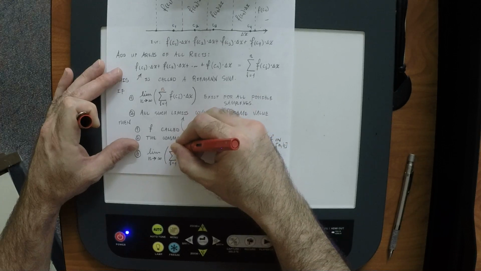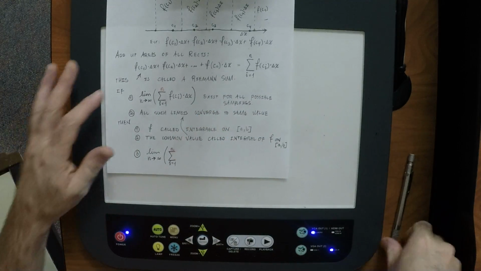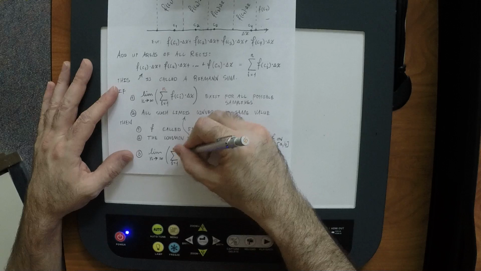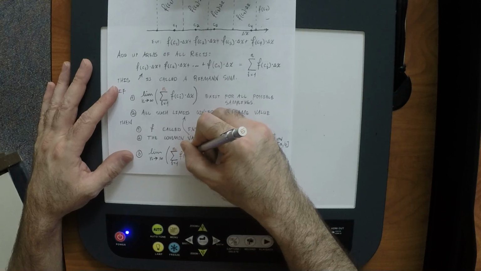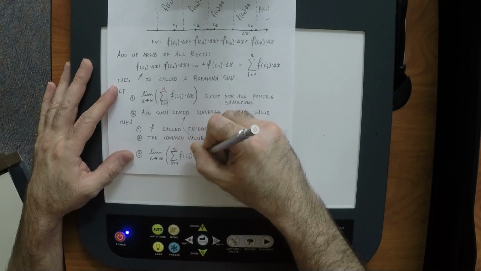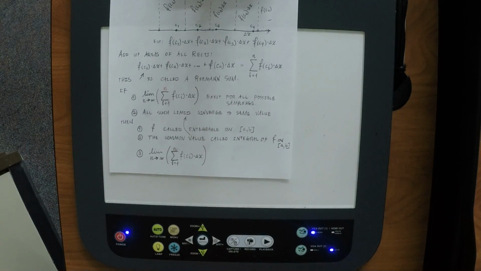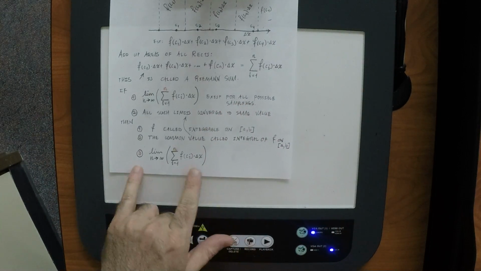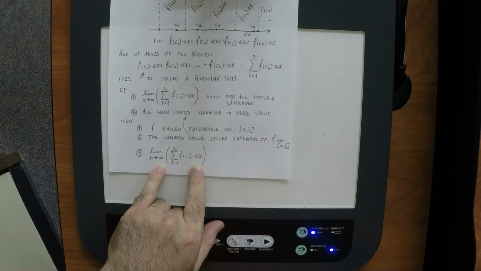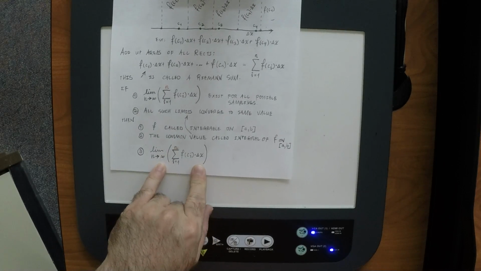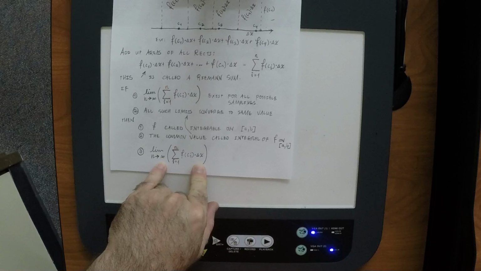And this one needs to be an n. From 1 to n of f of ci delta x. So, that's kind of a mouthful to write down and say. The limit as n goes to infinity, the summation from i is 1 to n f of ci delta x.